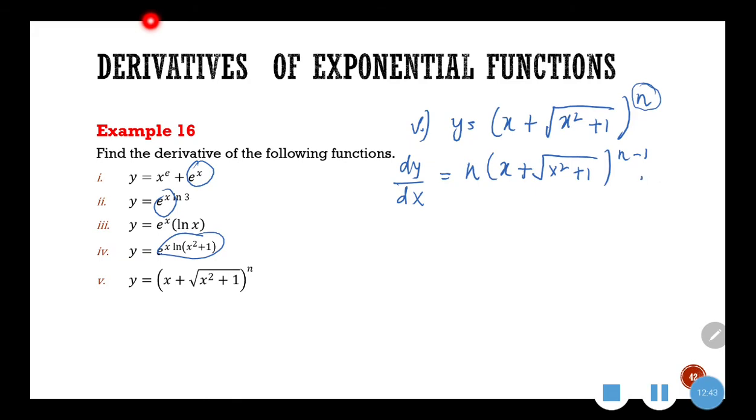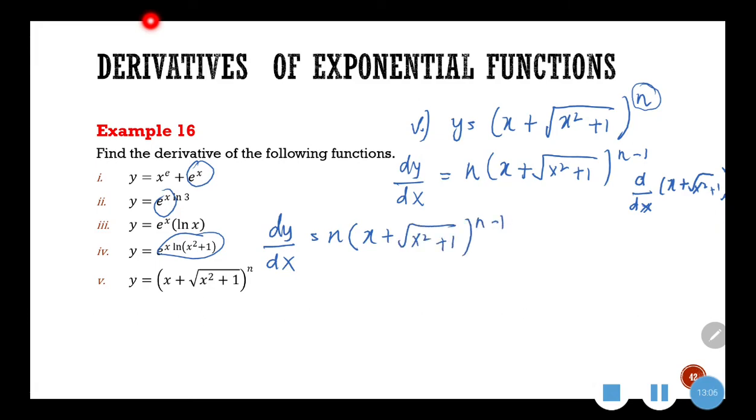But then now we have to differentiate whatever inside we have here. So d dx of x plus square root of x squared plus 1. So dy dx of this is equals to n x plus square root of x squared plus 1 power of n minus 1.